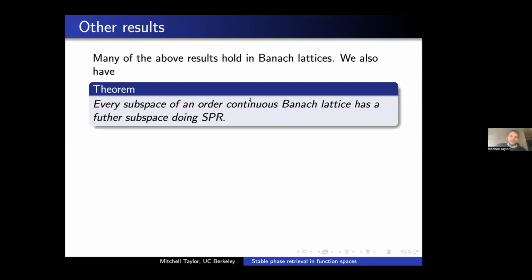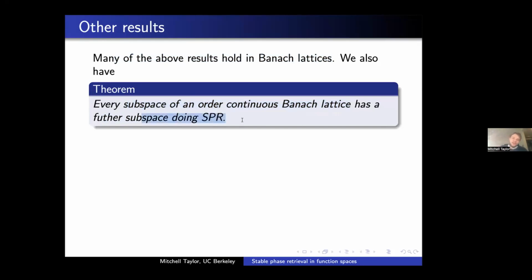So I'll just start listing some other results we were able to prove. The first thing I'll note is that although this talk was about LP, many of the results hold in general Banach lattices. We were able to prove, for example, that any subspace of an order continuous Banach lattice that does not have an almost disjoint sequence, so it has this star property, will have a further subspace doing stable phase retrieval.